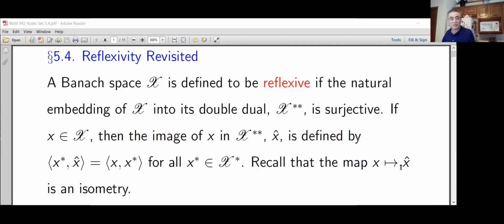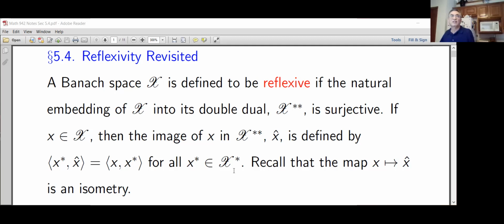Actually, this is a theorem saying that for each x in the Banach space X, there is an x* such that the norm of x* is 1, and the value of x* on x is the norm of x.